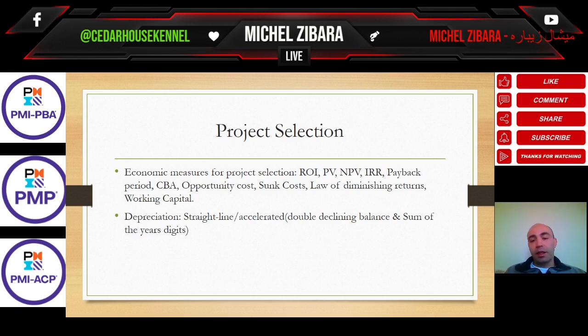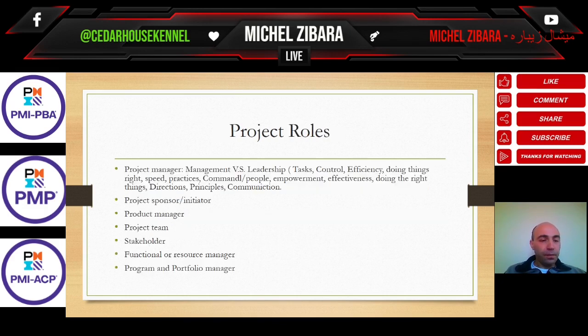And in accelerated, we have double declining balance and sum of the years digit. We don't need to worry about the details of such. Whatever I've covered is enough for the PMP. You will never even get any question about that on the project management exam.